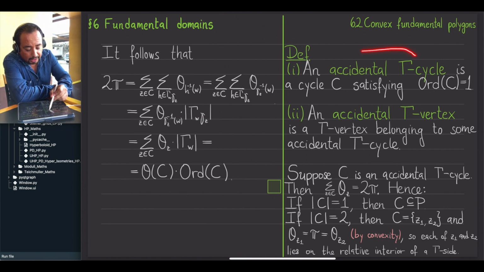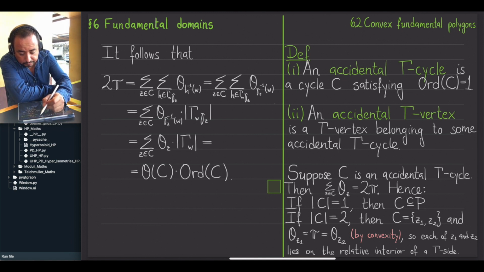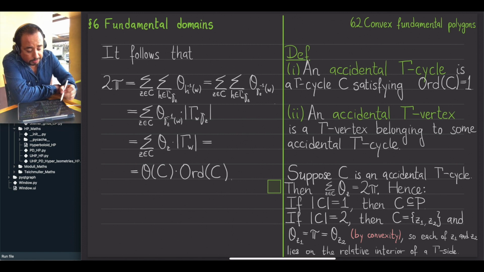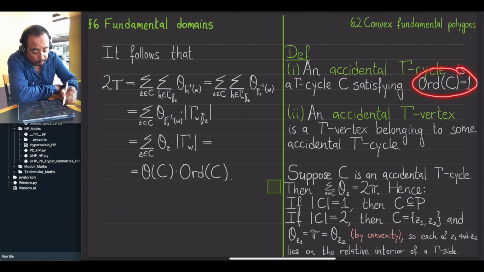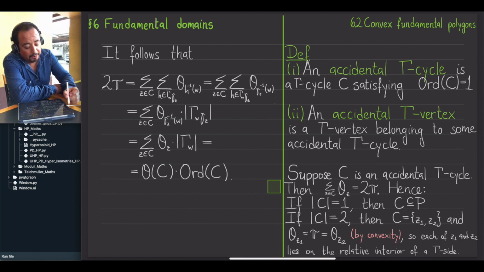An accidental gamma cycle is a gamma cycle whose elements have a trivial stabilizer. So recall that the order of the cycle is the order of the stabilizer of any of its points.